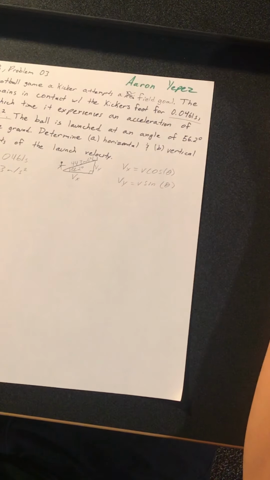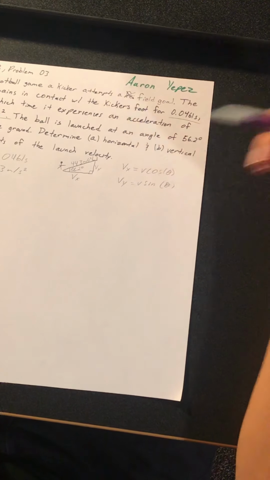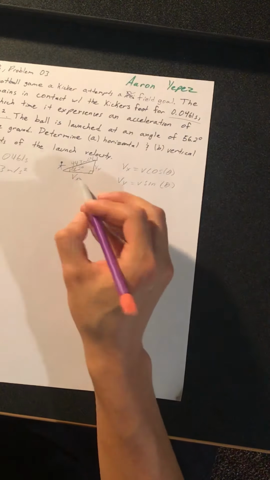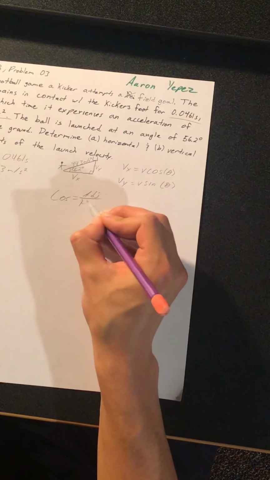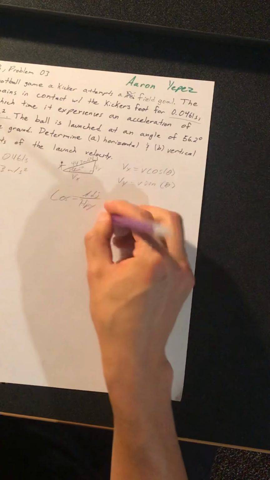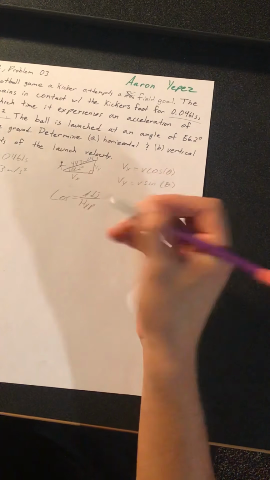And now we just start plugging in our numbers, but actually, how we got cosine is because cosine is equal to adjacent over hypotenuse.